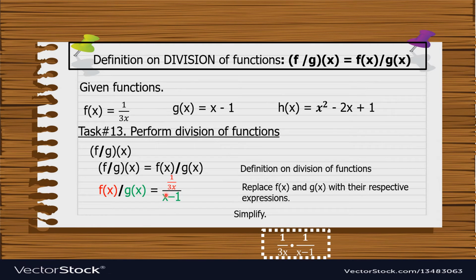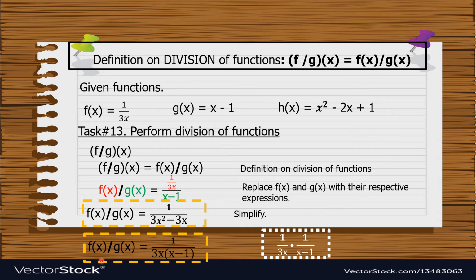Simply get the reciprocal of the denominator, then proceed with multiplication. And f of x divided by g of x equals 1 over 3x multiplied by x is 3x squared, and 3x multiplied by negative 1 is negative 3x. Or f of x divided by g of x equals 1 over 1 multiplied by 1 is 1 over 3x multiplied by x minus 1.